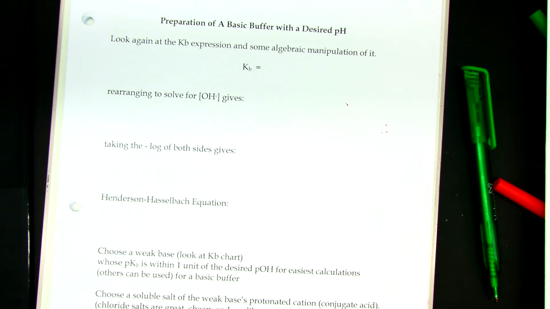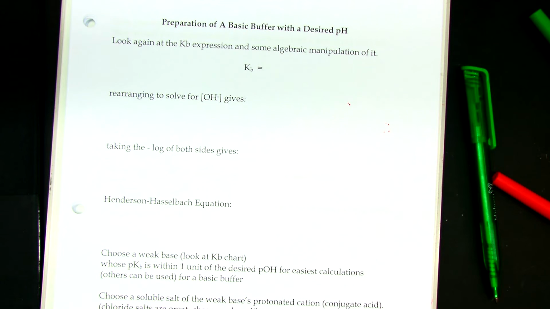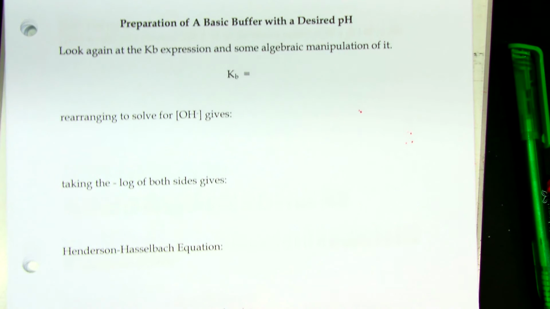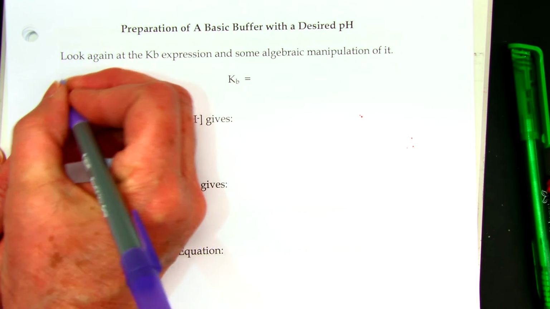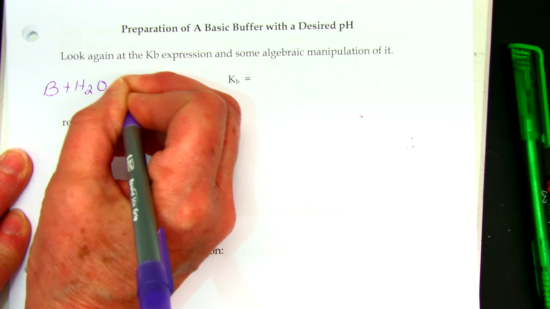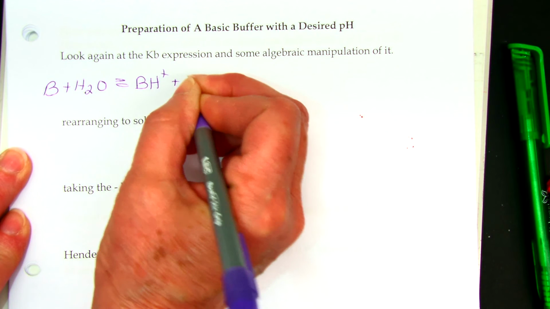So now let's look at doing the same sort of calculations for basic buffers instead of acidic buffers. We have an analogous expression that is derived from the Kb expression. We know that when we talk about our generic base, B, it reacts with water to give us in equilibrium BH+ plus OH-.